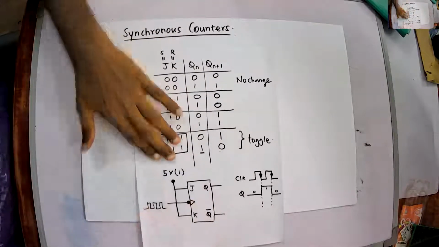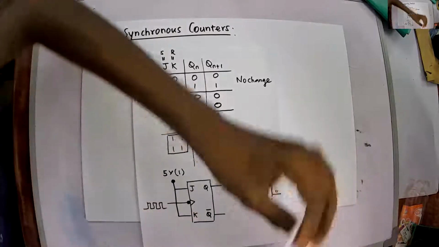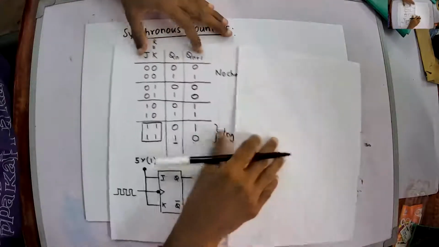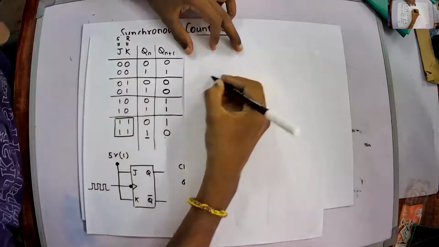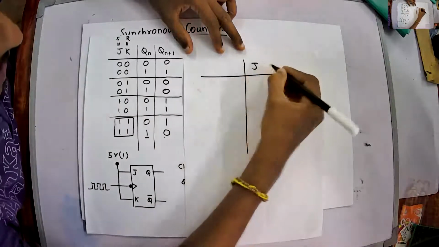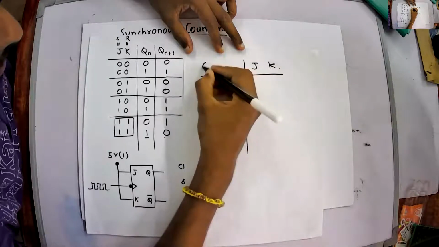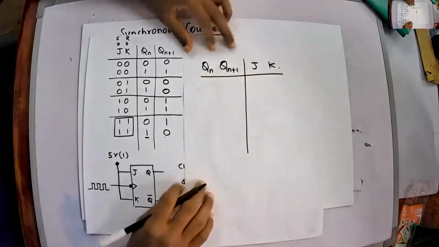From this truth table, we can create the excitation table of this JK flip-flop. The excitation table is a kind of reverse engineering. What we can do is write J and K when we have Qn and Qn plus 1.